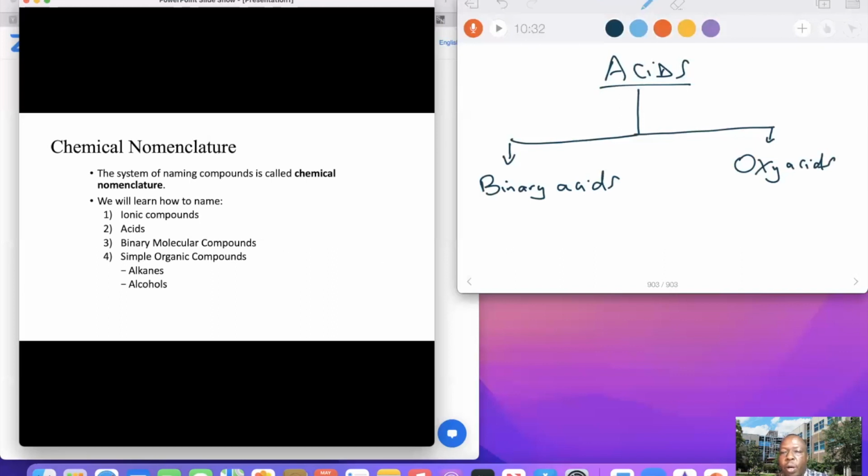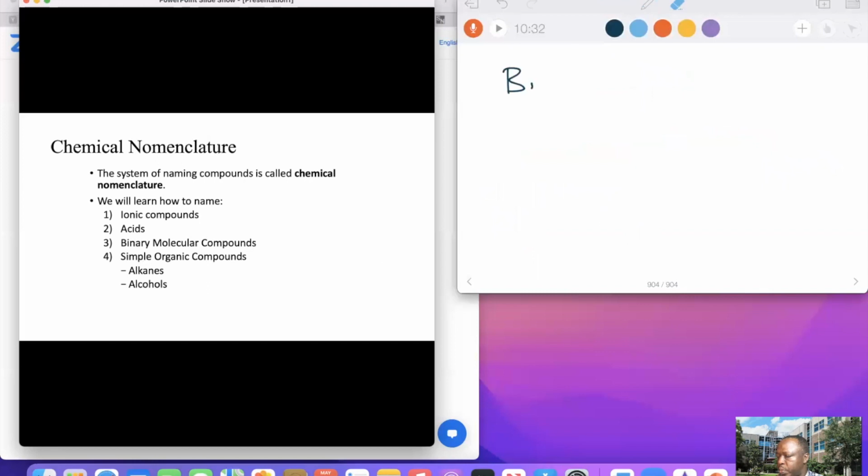Binary, from the word binary, means they have two elements: HF aqueous, and by the way, we indicate AQ as the physical state, HCl aqueous, HBr aqueous, HI aqueous. Binary acids. How do we name them? It is easier to name the binary acids.